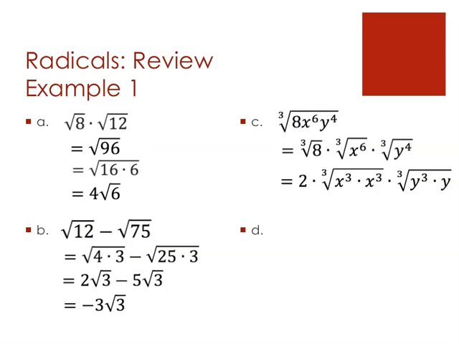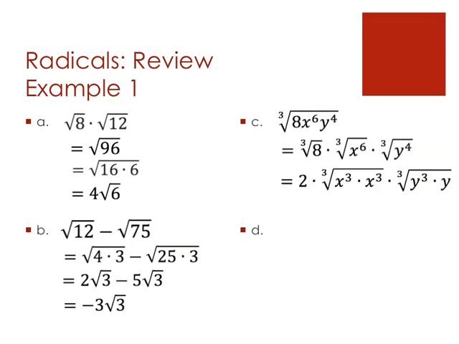So I'm trying to write out factors that are perfect cubes. The cube root of 8 happens to be a perfect cube in and of itself, so we could just have simplified that. And x to the third times x to the third is x to the 6th. It just so happens that it breaks down into exactly two perfect cubes. And for the y to the fourth, we only have y cubed, that's a perfect cube, and then we still have a y left.